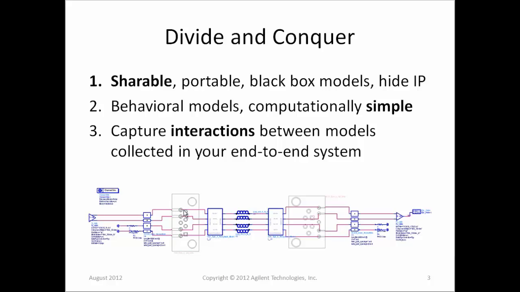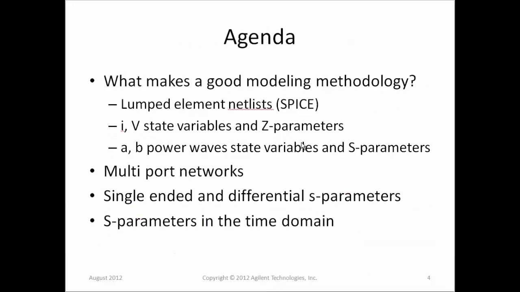You can get a reflection here, bounces off this component, and it adds up here at the receiver, which is the signal we're interested in. So we must capture interactions, in particular bilateral interactions that include reflections in your system. S-parameters is one way of doing this.